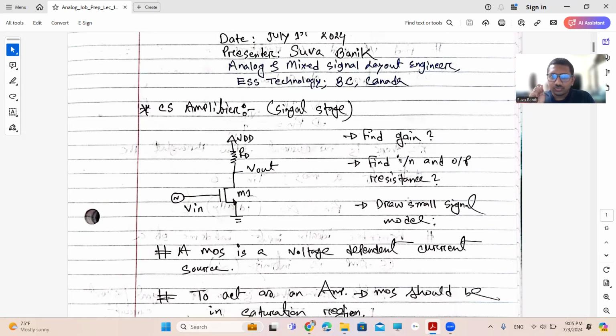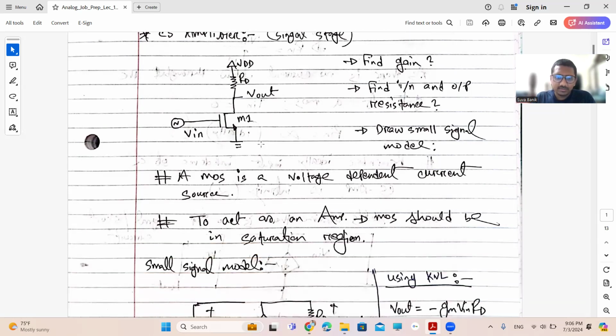To solve this problem, first of all, you need to learn how to find the gain, input and output resistance, and small signal model of a common source amplifier. Based on this understanding, in future lectures I will discuss some more complicated circuits also. So let's begin.